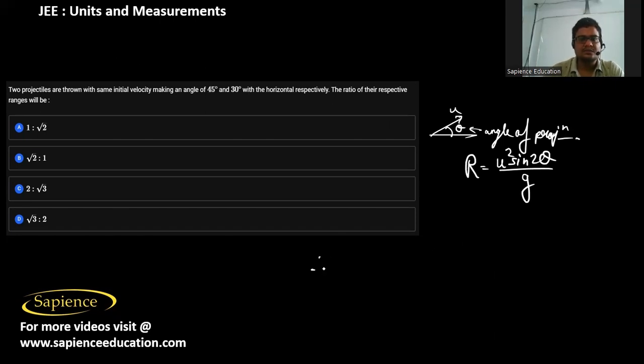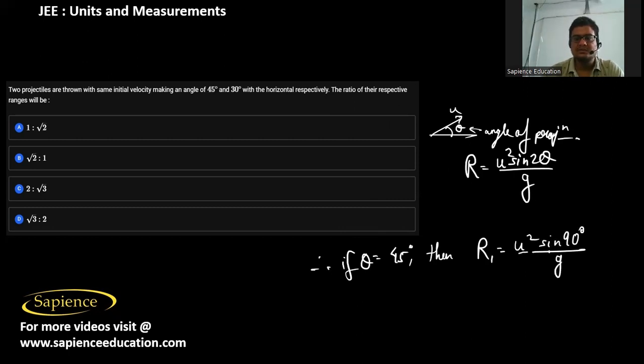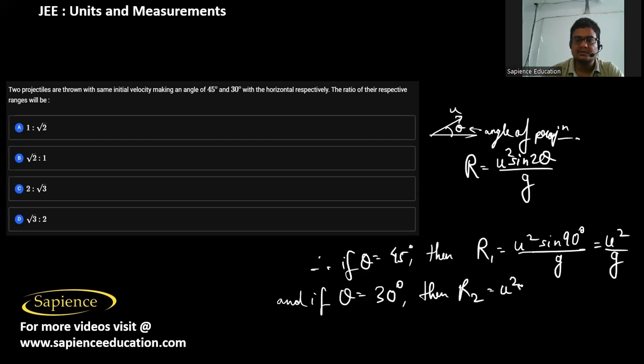So now, if theta equals 45 degree, then the range R1 is u square sine 90 degree divided by g. Sine 90 is 1, so it will be u square by g. And similarly, if the angle theta equals 30 degree with the horizontal, then the range will be u square sine 2 theta, so 2 into 30, that is 60, by g.